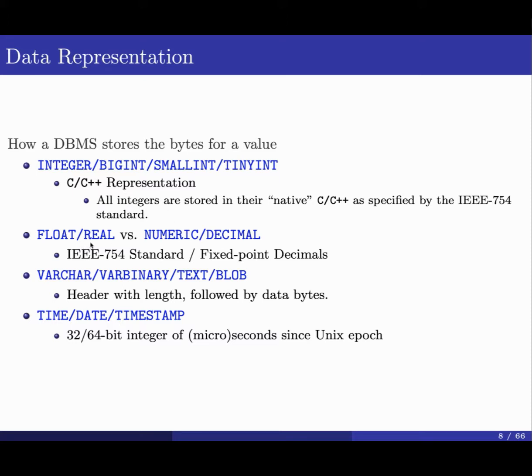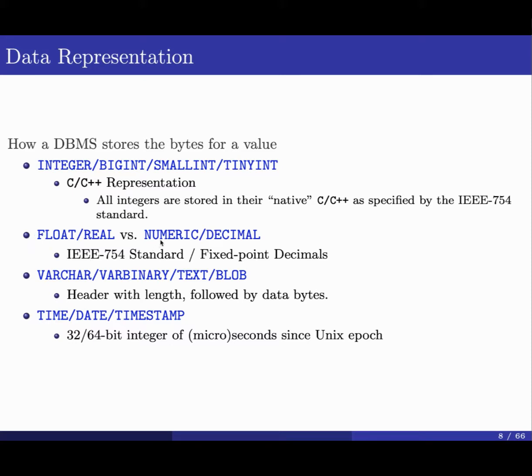For the float and real, and also the numeric and decimal, it's different. For float and real numbers, the database management system relies on the IEEE 754 standard to store the data, which is a problem because with a float and a real data type, we cannot guarantee the accuracy of the data.